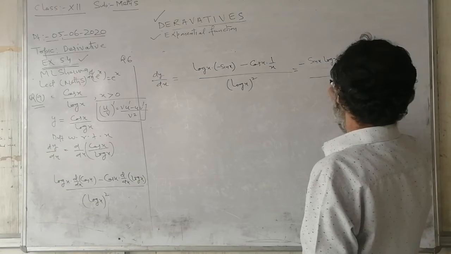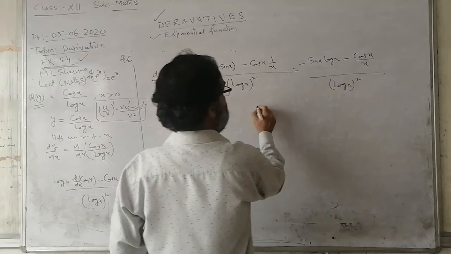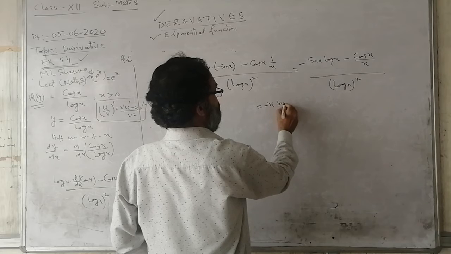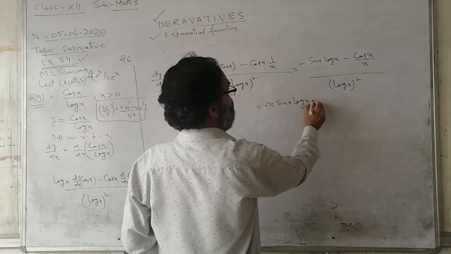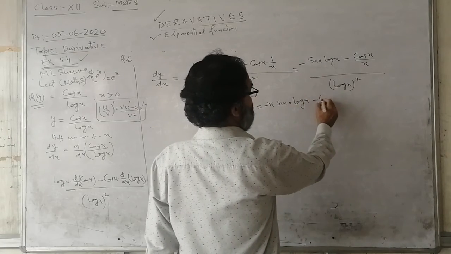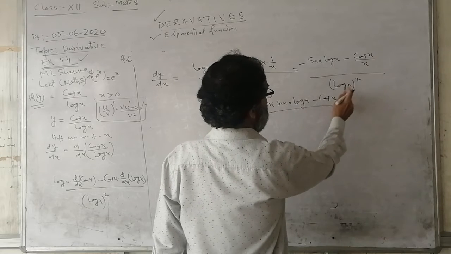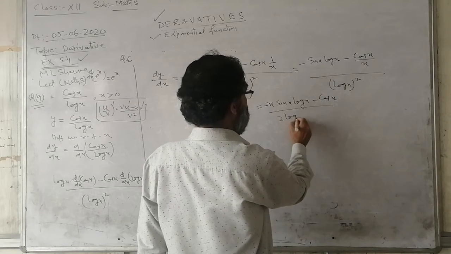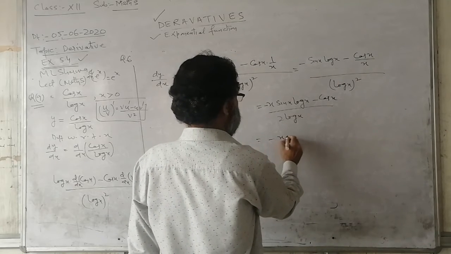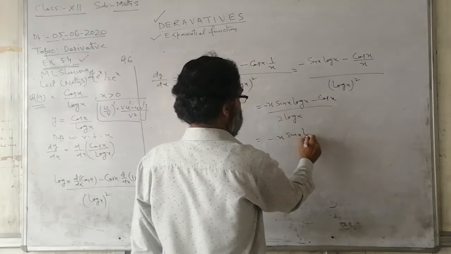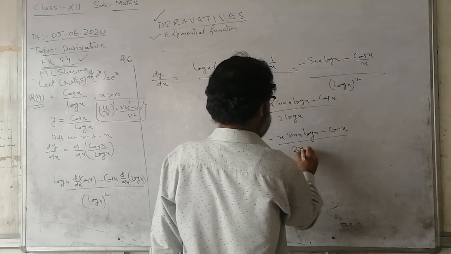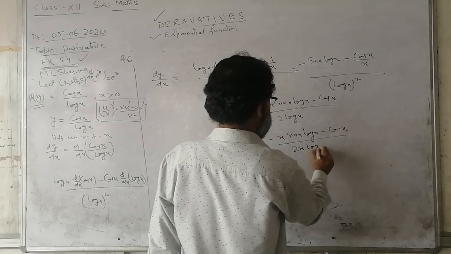And it is (log x)². So if I take the LCM here, it becomes −x sin x log x − cos x upon 2x into log of x.